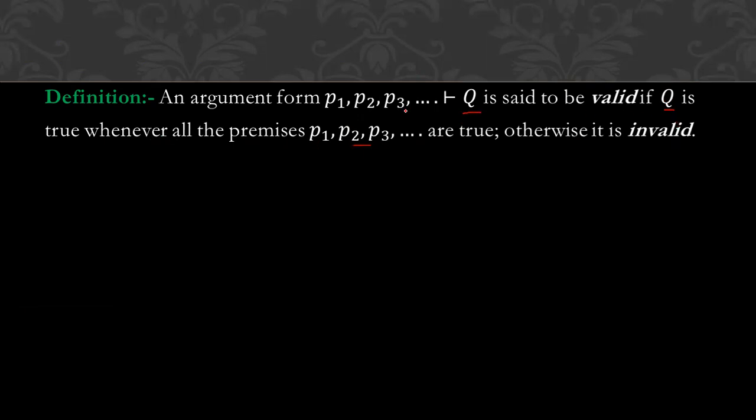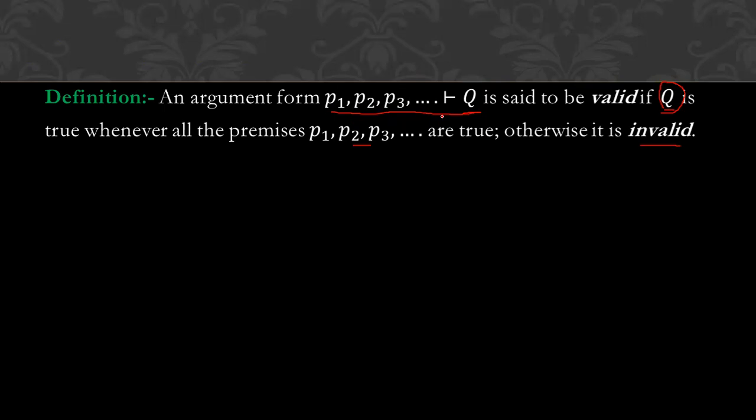That means the argument will be valid only when the conclusion Q is true whenever all the premises are true at the same time. Otherwise, the argument is invalid if we can find at least one possibility for which the conclusion Q is false whenever all the premises Pi are true at the same time.